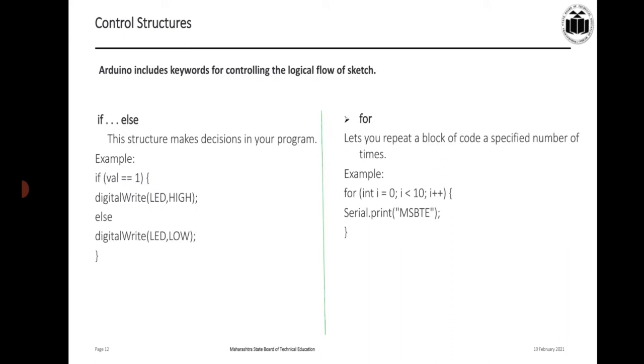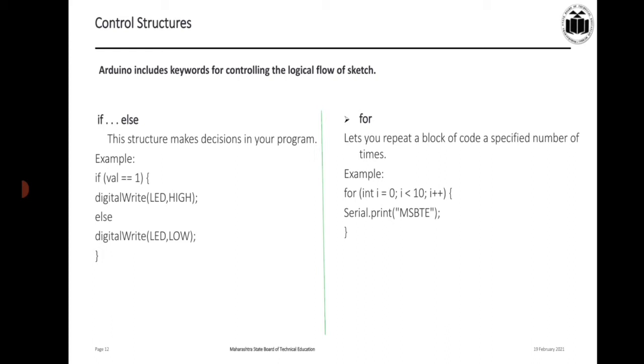Microcontrollers execute instructions in a sequence, but if you want to change the program flow, then we can use various structures like if-else, switch case, while loop, do-while loop, etc. We'll see the if-else structure first.